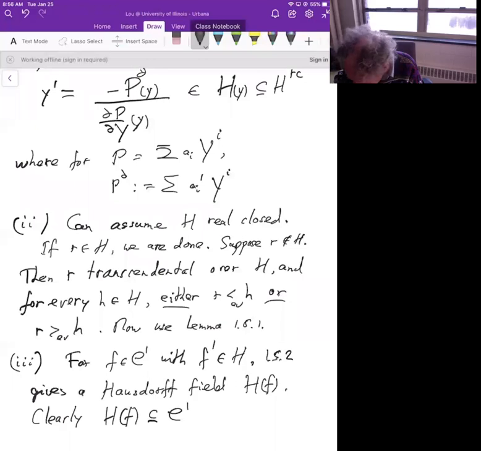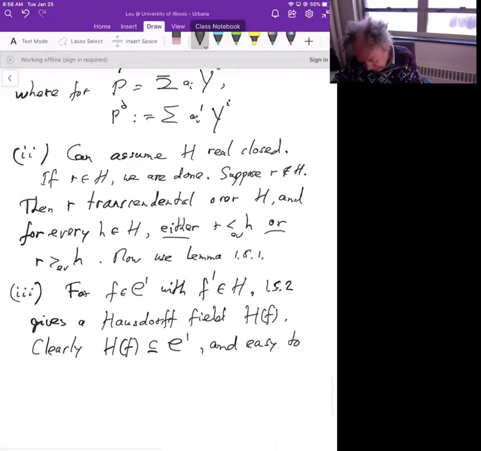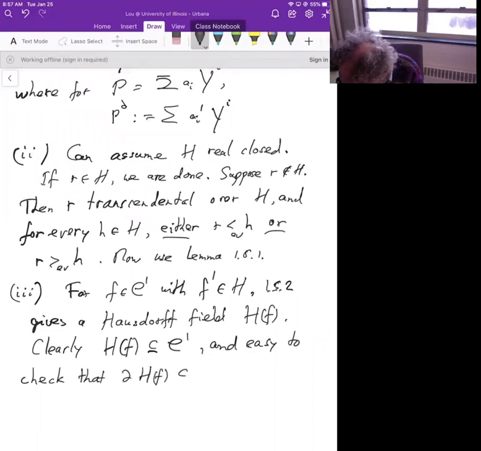And it's easy to check, again, good, fairly easy exercises for the students, that if you take the derivative of something in H(f), you get again something in H(f). Of course, this uses the fact that you know f prime is in H. So H(f) is a Hardy field.